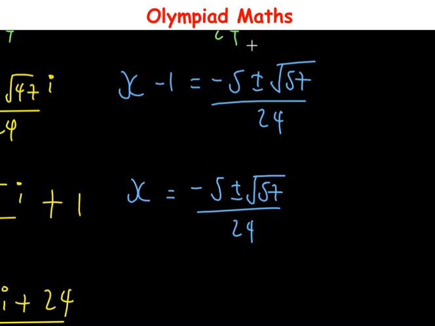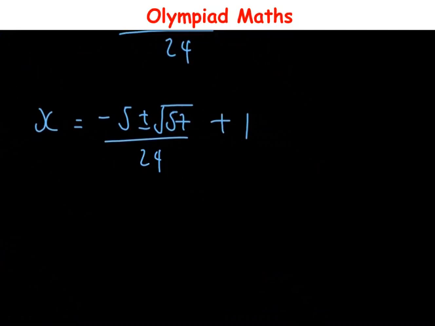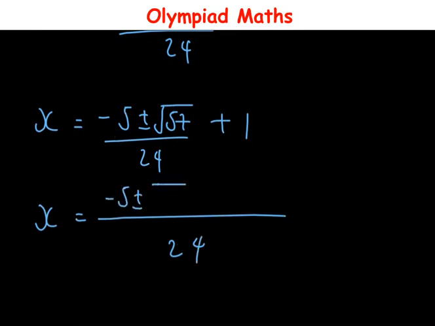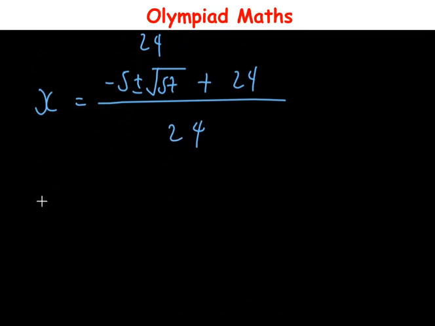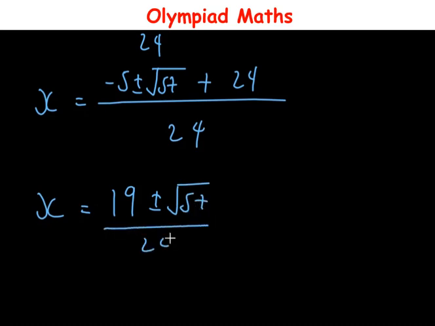Then move minus 1 over to this side, plus 1. The LCM is 24, so this becomes minus 5 plus or minus root 57 plus 24. The solution of x is minus 5 plus 24, that will give us 19 plus or minus root 57 all over 24.